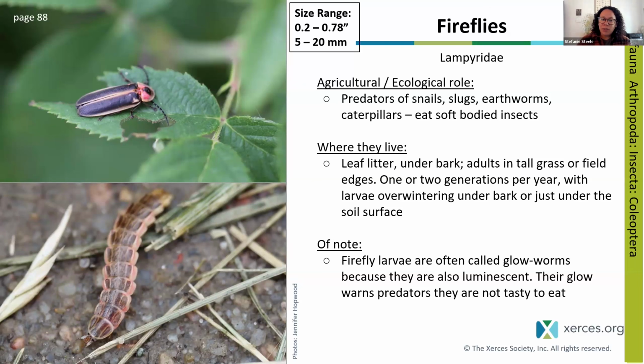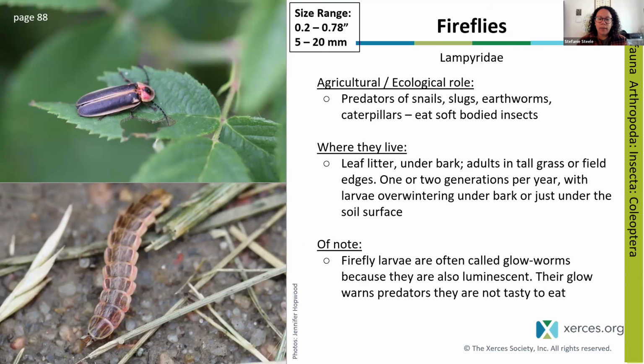Some of the adults are also predatory, but they can and will also feed on pollen and nectar. The larvae will overwinter in soil or under bark, and then their pupation, their development, occurs in the soil or the leaf litter.